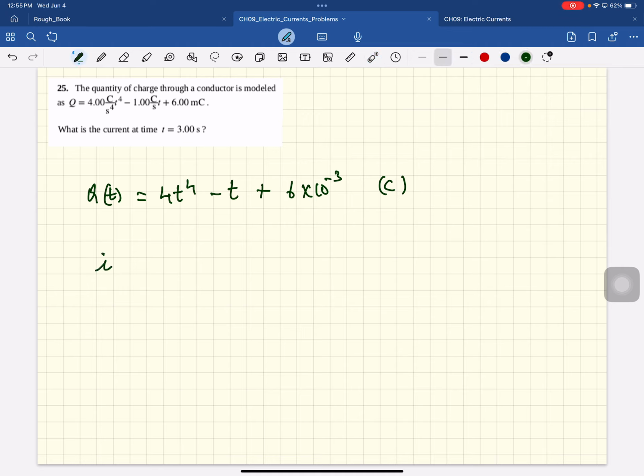So the current at any given time is just dq by dt, equal to 16 t cubed minus 1.